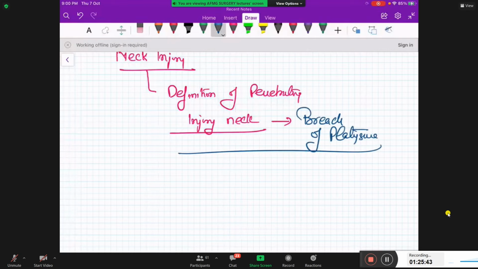Imagine a patient comes to you with a stab injury in neck, breaching platysma, and there's a profuse bleeding happening from the neck wound. The patient's pulse is 140 per minute, and blood pressure is not recordable.